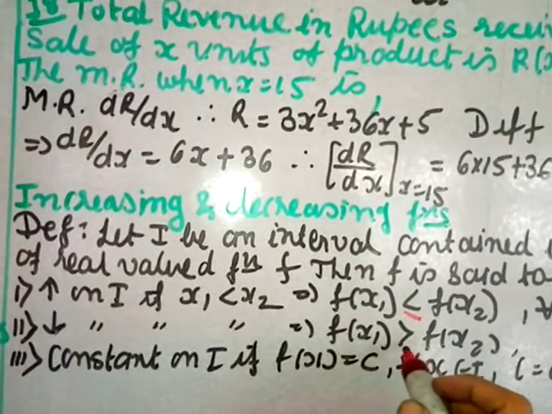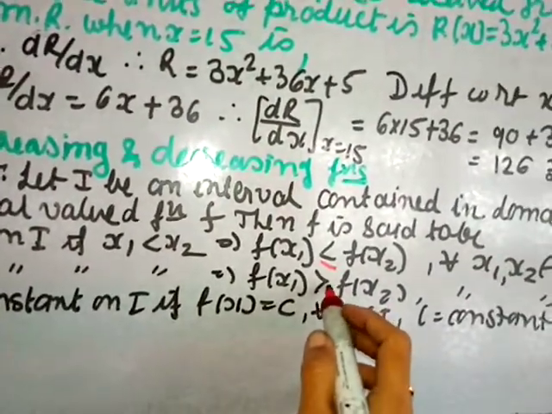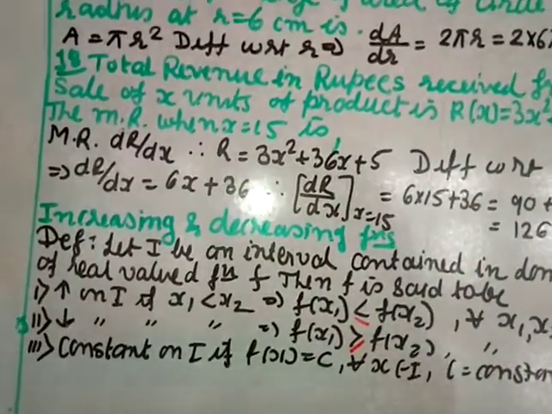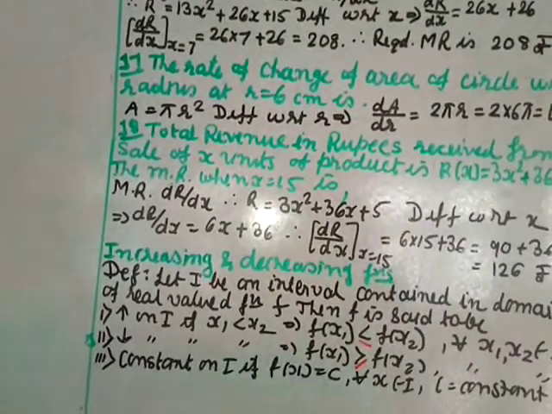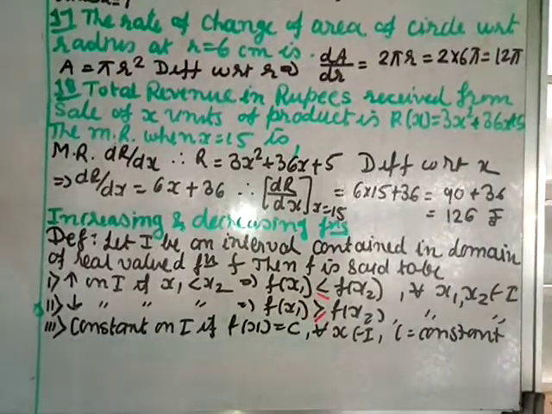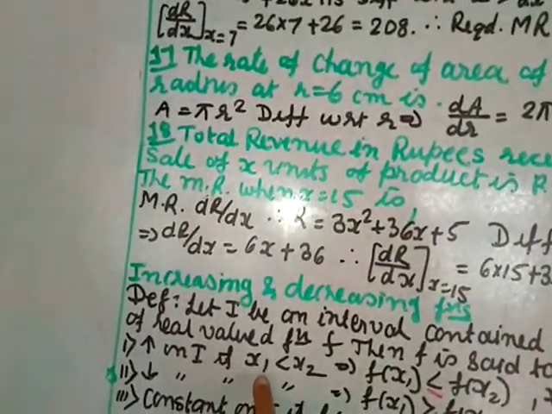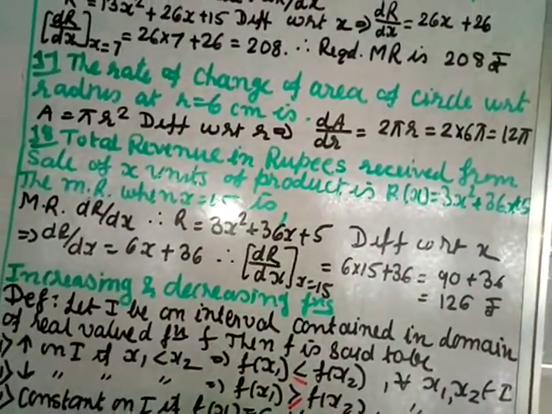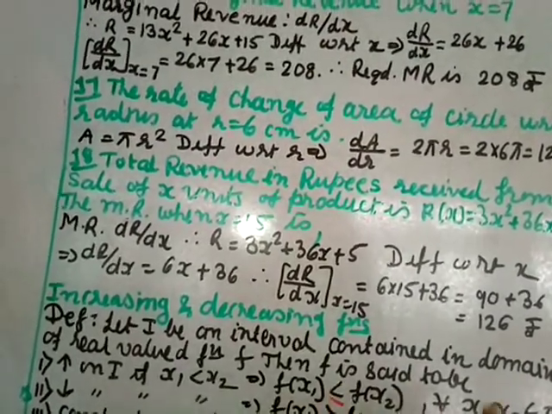If you want only decreasing, there will be an equal sign here. These definitions are given in your textbook: increasing, strictly increasing, decreasing, strictly decreasing, and constant function. Remember that if x1 less than x2 and the inequality remains the same, it is increasing, and if equal is also included, then increasing, otherwise strictly increasing.